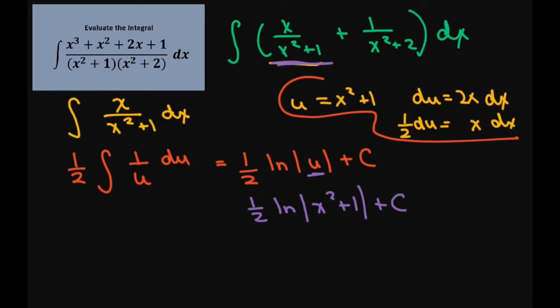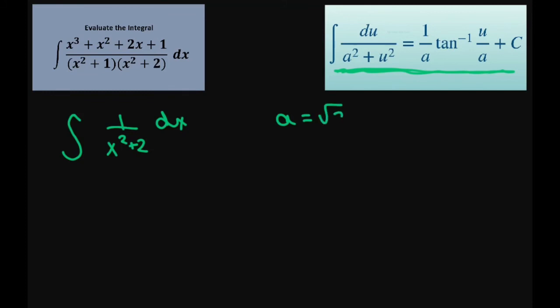So that's this part. Now this one is your tangent, so let's look at that one. For tangent, it's really a good idea to know this formula. So basically we had the integral of 1 divided by x squared plus 2 dx. And so this is the format we have. So basically we let a equal square root of 2.